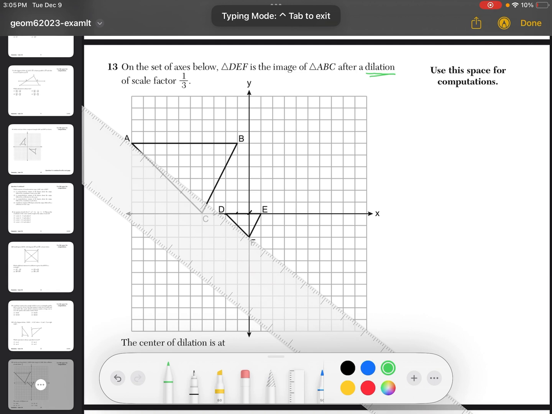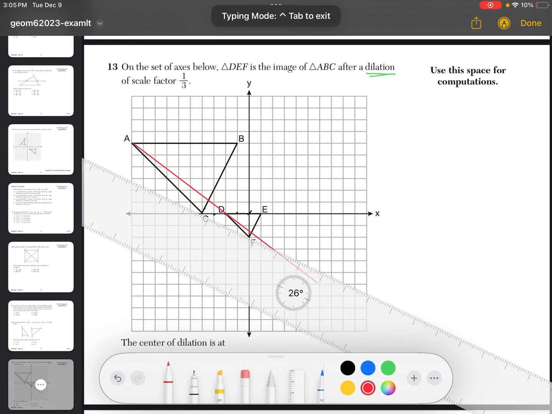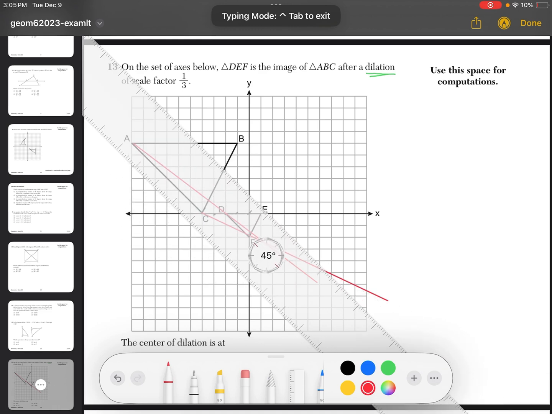So A and D, and then you draw a line from A to D, and that extends out. Now I'm going to do that for each other vertex of this triangle that corresponds. So C and F, and then B to E.